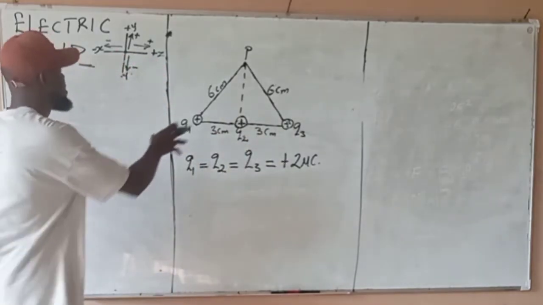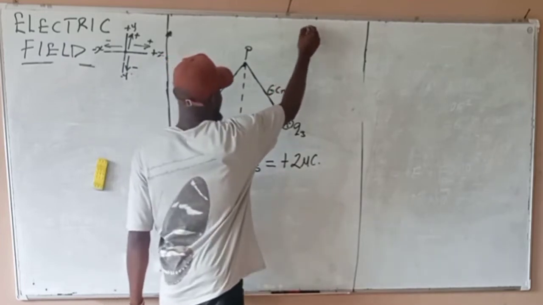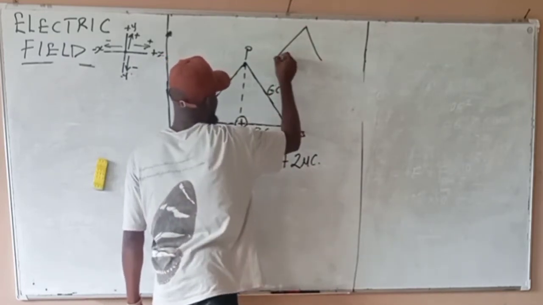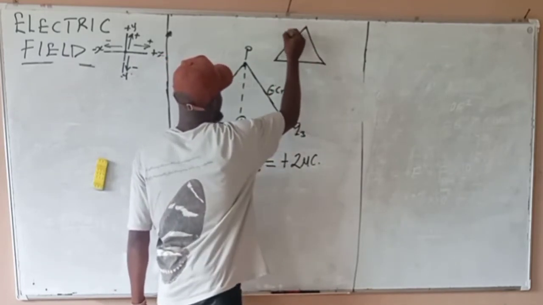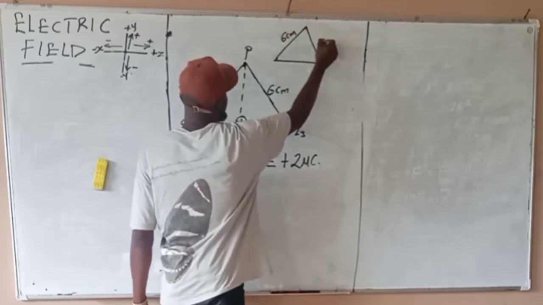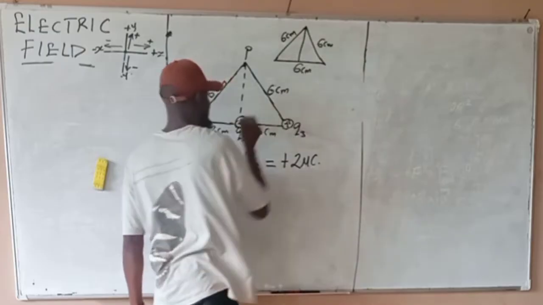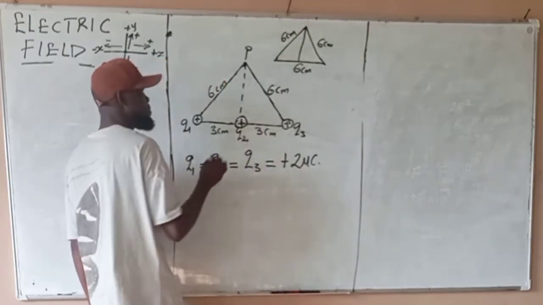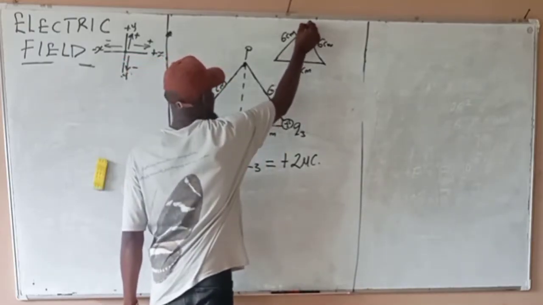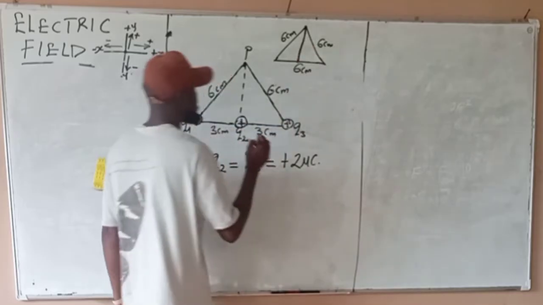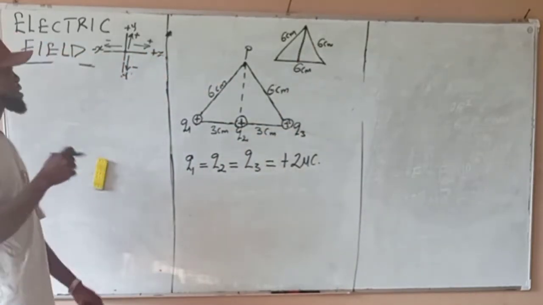So automatically, this shape describes an equilateral triangle. This one is 6 cm, 6 cm, 6 cm. So the midpoint of these charges, the distance between these points and the midpoint, can be obtained from Pythagoras theorem.